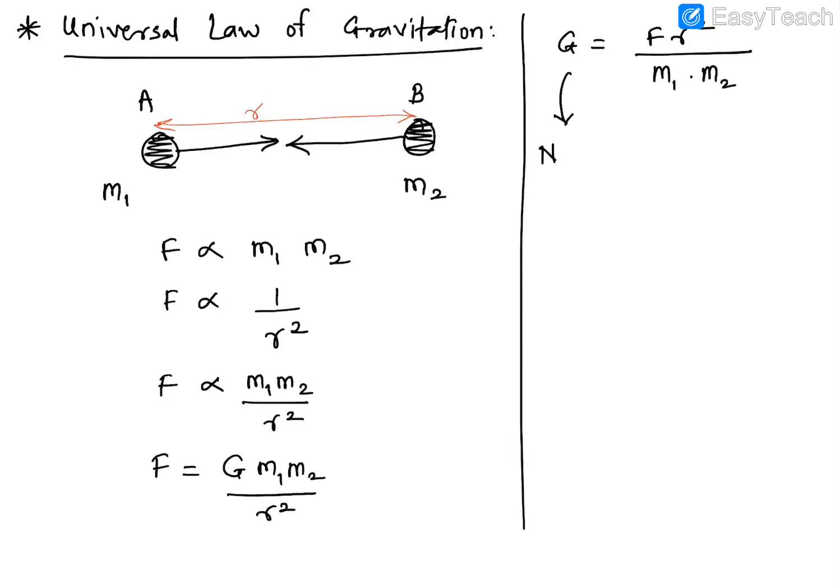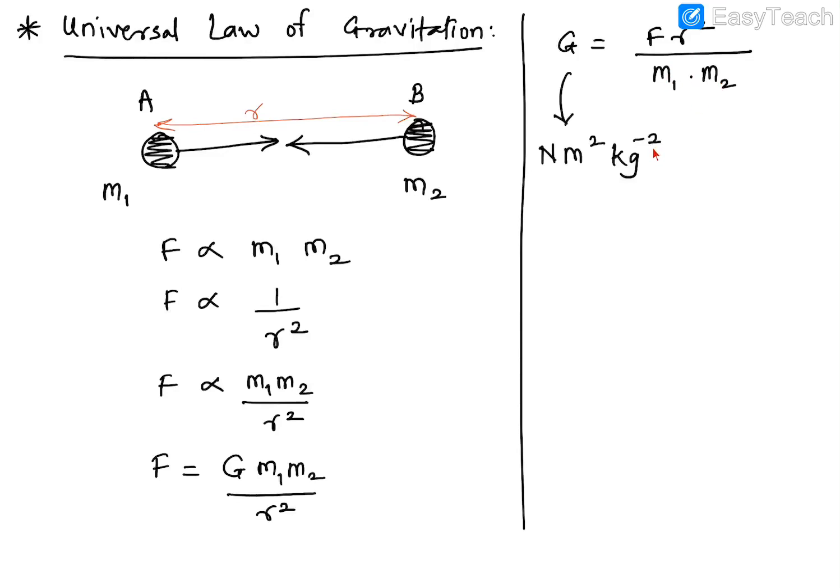Newton. R means distance, so there will be meter squared. And m1 m2 is in kg, so it means kg raised to minus 2. I hope you got how: I wrote Newton for F, meter squared for distance squared, and mass is in kg and the other mass is also in kg, so it becomes kg raised to minus 2.